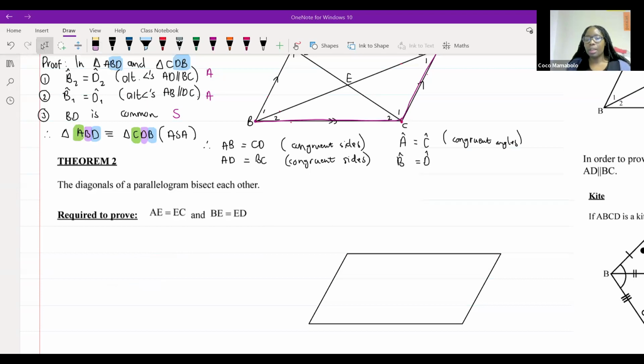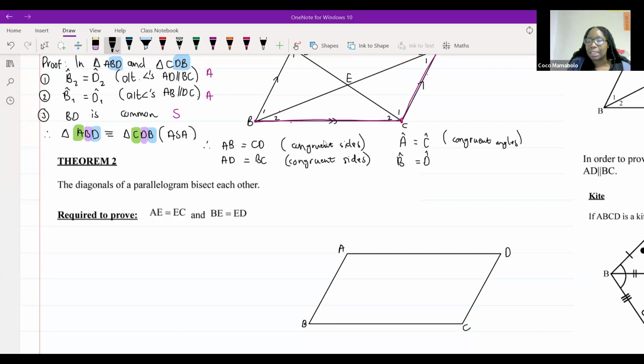Okay. So again, we're going to draw our parallelogram A, B, C, D. Let me name it. Okay, parallelogram ABCD, and then it's going to say required to prove. Do you see what we're proving here? We're proving that AE is equal to EC and that BE is equal to ED. So we're going to have to construct.